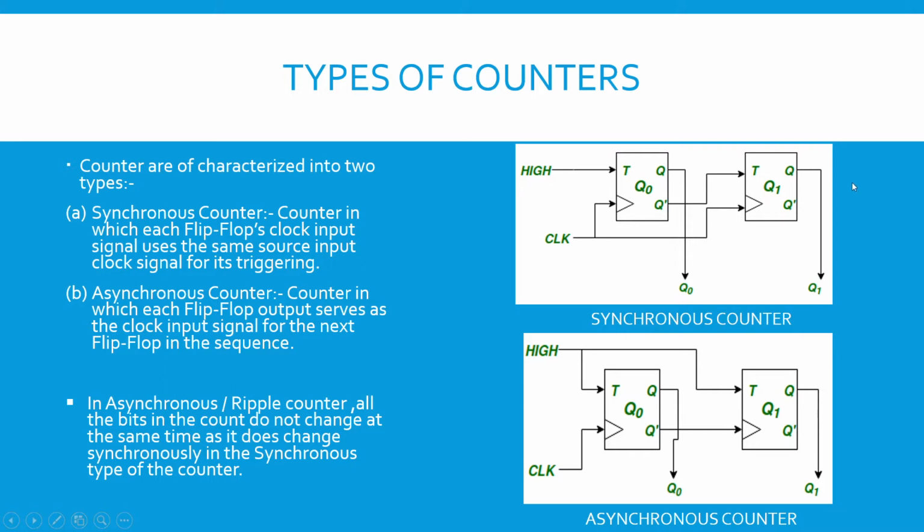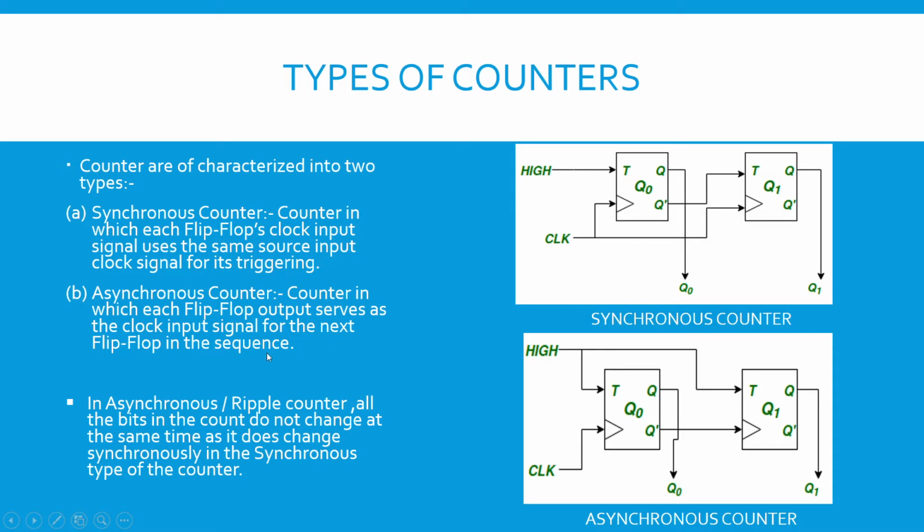From the circuit diagram of the synchronous counter, we can see that the input clock signal is given simultaneously to both flip-flops. In the asynchronous counter, the clock input is only given to the first flip-flop, and for the second flip-flop the output of the first flip-flop is fed as the clock input. So asynchronous counters are this type of circuits.